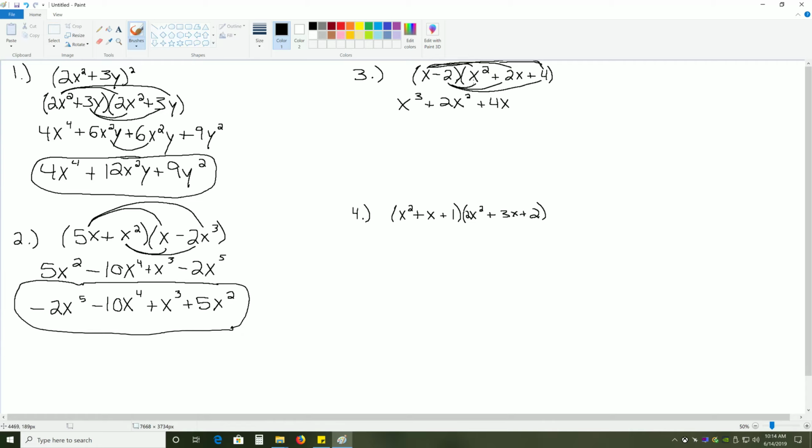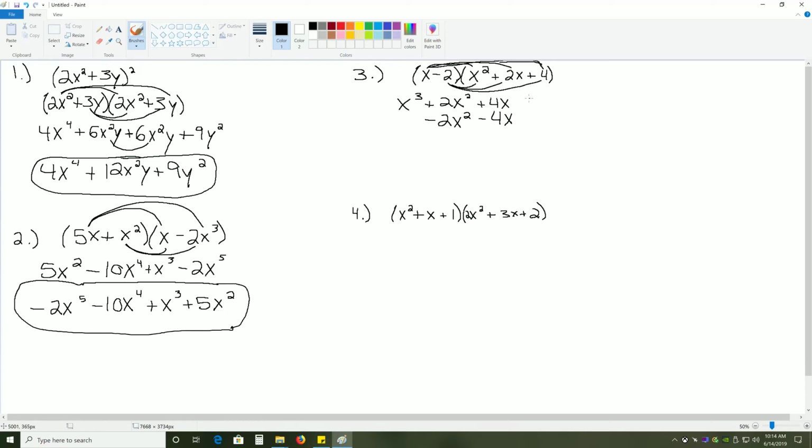So negative 2x squared, we're going to put it below the positive 2x squared we have from multiplying our first set. Then negative 2 times 2x gives us minus 4x. We're going to put that below this positive 4x we have here. And then finally, negative 2 times 4 gives us negative 8.